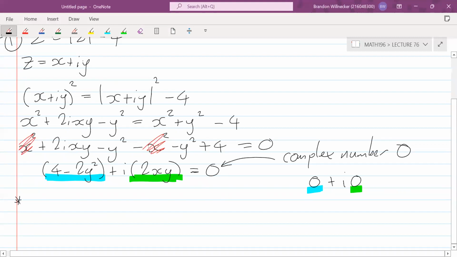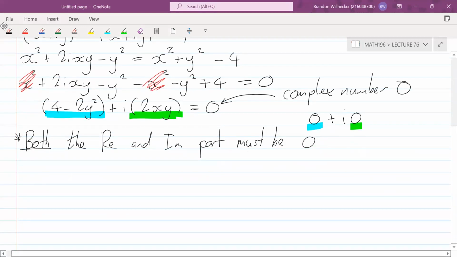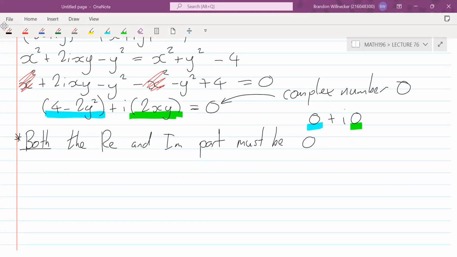Okay, both must be 0 for the right-hand side to be 0. So let's just make a note. Both the real part and the imaginary part must be 0. That's how we get a 0 complex number. Okay, both of them must be 0. So that gives us two equations. One equation for the real part being 0.